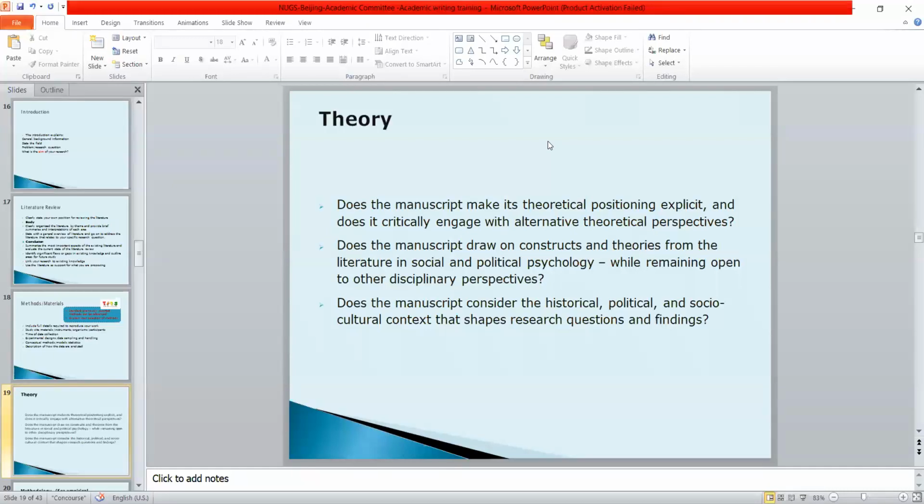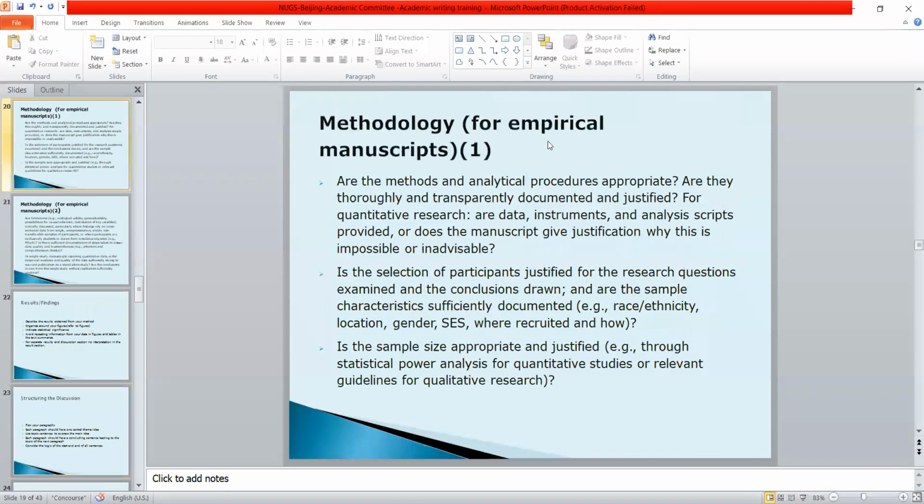So there must always be a link. For instance, you are writing on communication, and you realize there is something in pure science that is very important for you to relate your work to. So your theoretical position must not be in isolation. You must relate it. Does your manuscript consider the historical, political, social, and cultural context that shapes the research questions and findings? You must look at it, especially under the methodology.